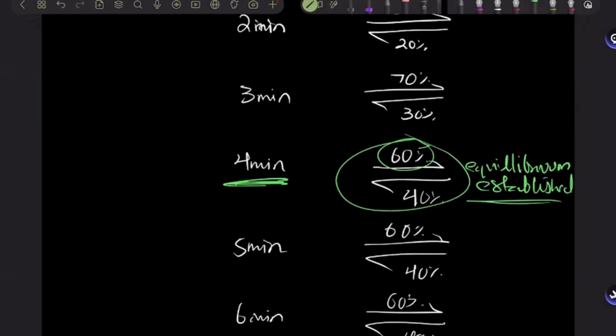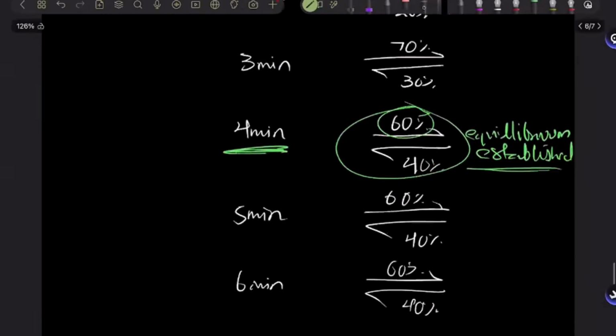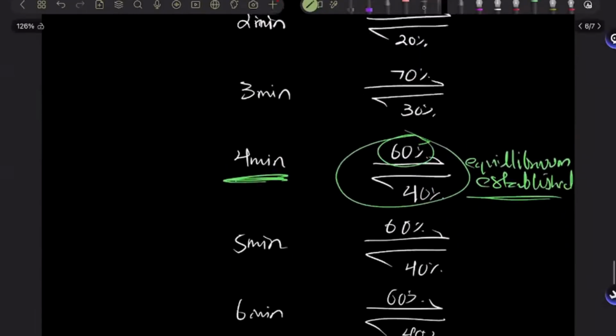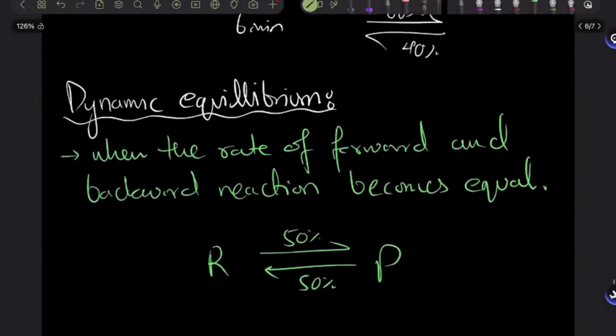For 60-40, it's going more in the forward direction, less in the backward direction. Any split, all that I've written over here, they're all just equilibriums. But when they become 50% forward and 50% backward, that's when you call it dynamic equilibrium, because the forward reaction's rate and the backward reaction's rate have become constant and equal to each other.